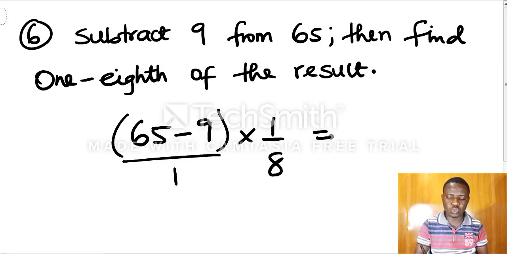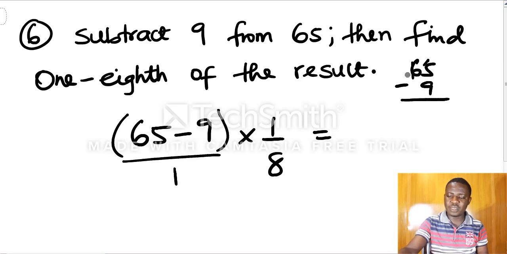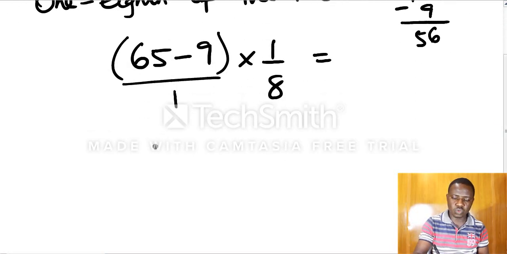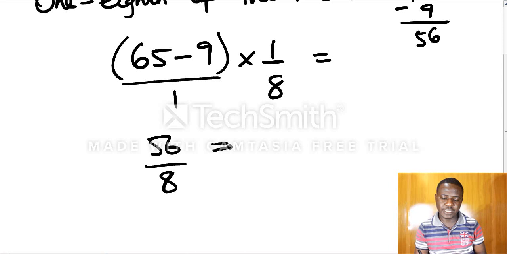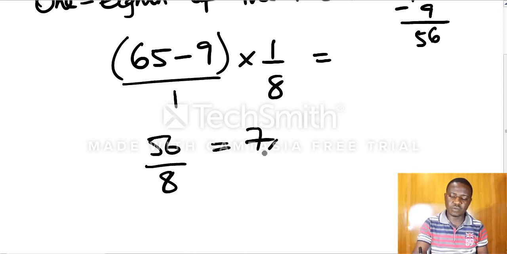So this is equal to 65 minus 9. 15 minus 9 is 6, and this is 56. So this is equal to 56 divided by 8, and 56 divided by 8 is said to be 7.